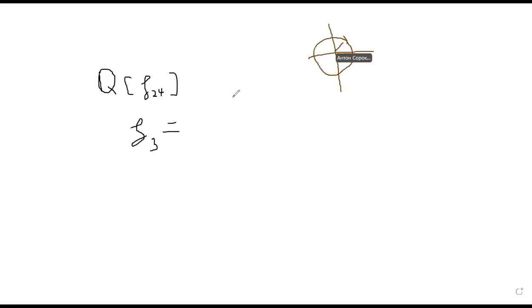This is the 8th root of unity, and we know that it has coordinates like this.